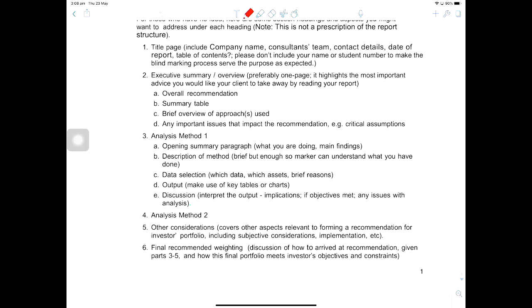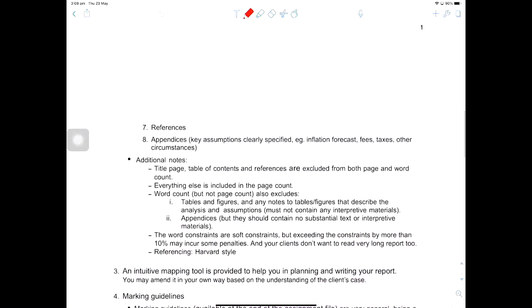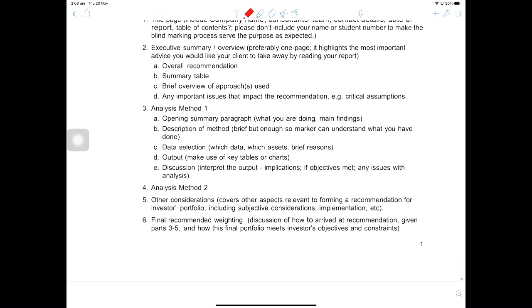Then following that, you are going to have analysis method 1. So a very brief description of the method. Brief means a short paragraph, probably 3 or 4 sentences. You describe generally the method.